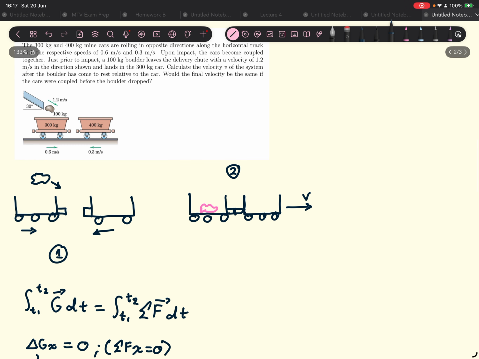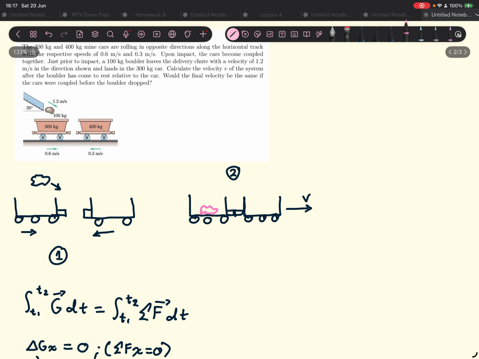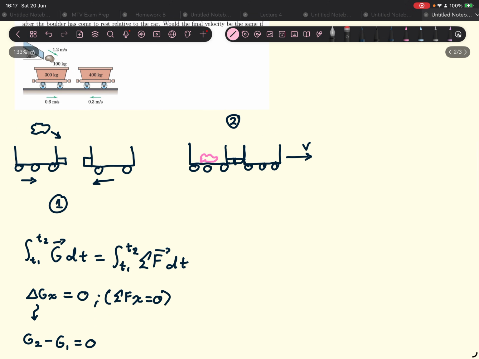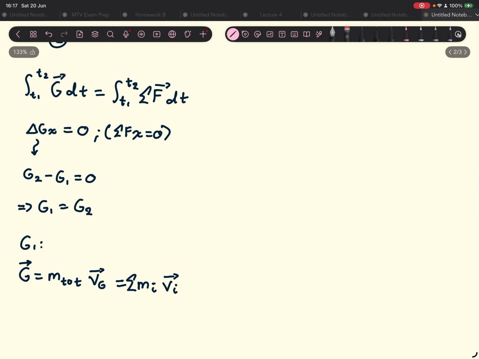In this case, we're given each of the individual velocities, so I'm not going to waste my time trying to calculate the velocity of the center of mass and then use this equation. I'm rather just going to substitute everything into here, because I'm already given the velocity of each and every particle.